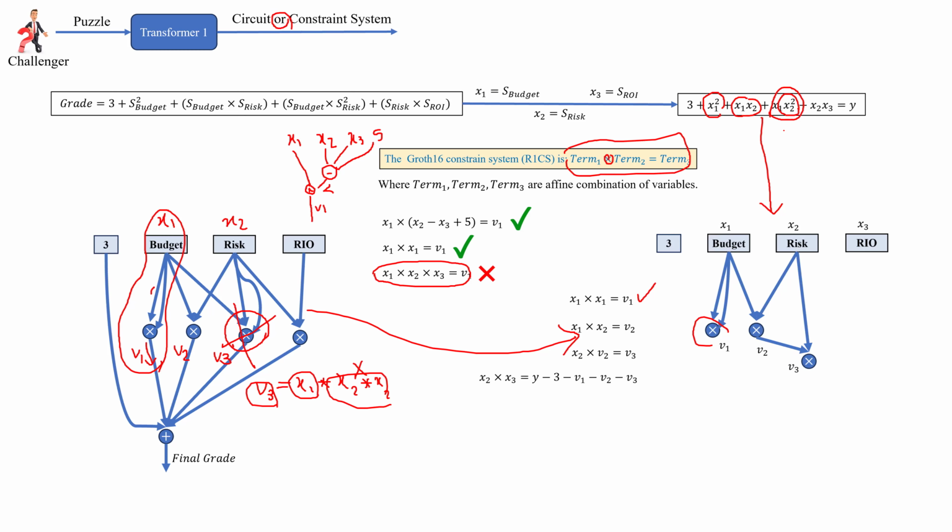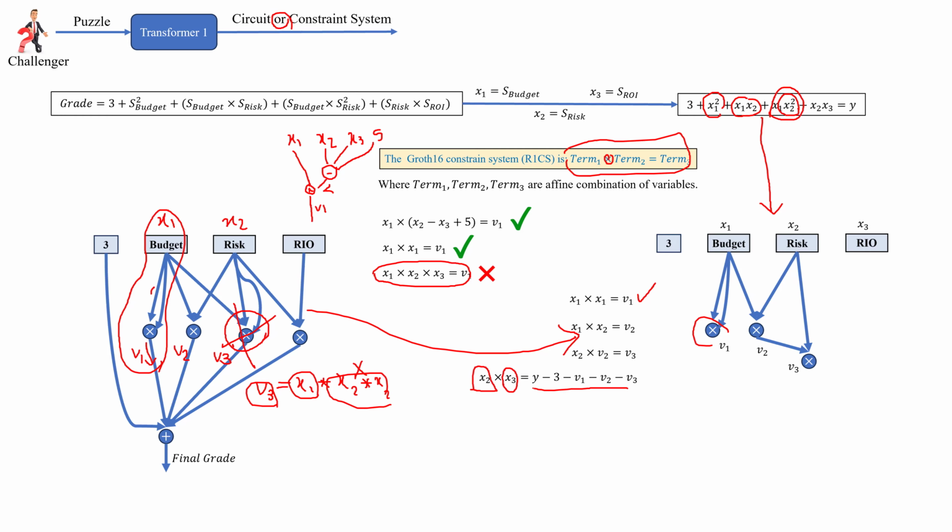Now we want to define the final constraint, which is a big constraint, and we want to see if this is a valid constraint or not. If you have such a constraint, x2 would be term 1, x3 is term 2, and this part is term 3, right?